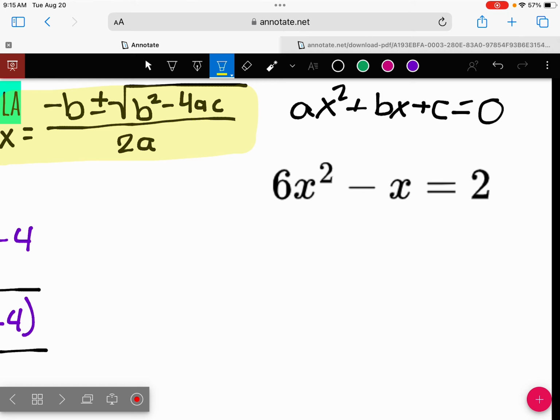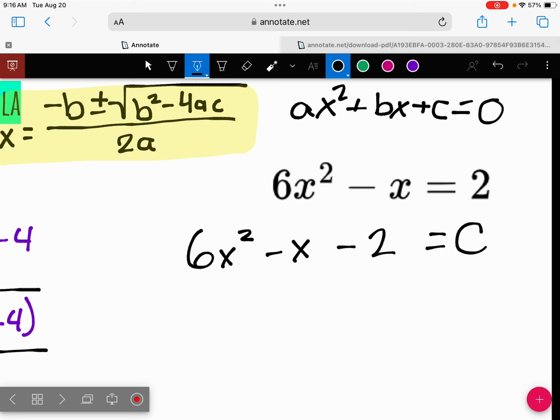I heard it in a couple different ways. Both are correct. Subtract 2 from both sides because it has to equal 0, not optional. If we have an x squared, you set it equal to 0. So we're going to have, wrong pen, 6x squared minus x minus 2 equals 0.